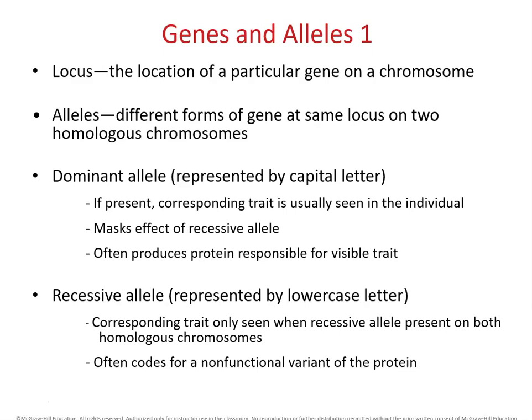Now, when we hear dominant, normally we think stronger and better, but that is not the case when we talk about alleles. When we talk about an allele, dominant means a trait that can cover up other forms. Okay, so on the other hand, a recessive allele is not a weaker or a bad version. A recessive allele is something that can be covered up or hidden by the dominant trait.